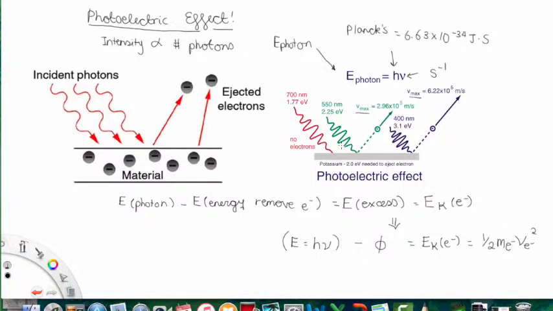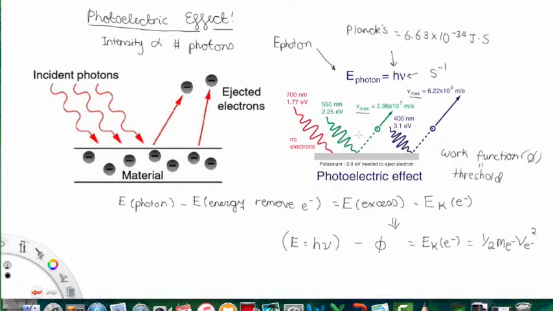So this is telling us the work function, or the threshold, which I'm going to write down right here, work function, and this is given this sign, and this is the threshold that an experiment needs to obtain in order to eject a photoelectron.